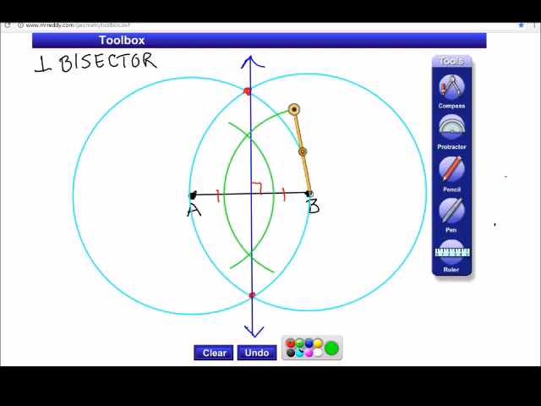I get the same intersection points. So you can draw the entire circle or just the parts that you need. You can use any radius you want for those circles. We have the same idea happening on all of them. Perpendicular bisectors are fun.